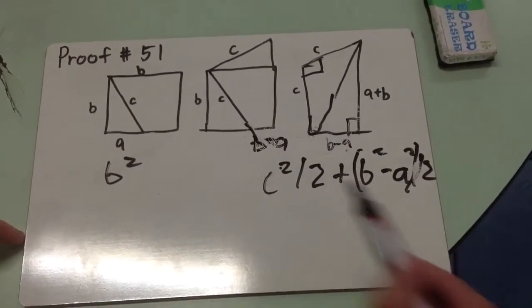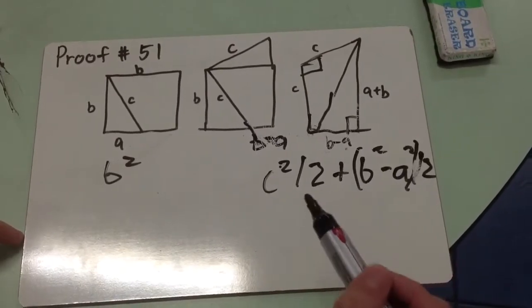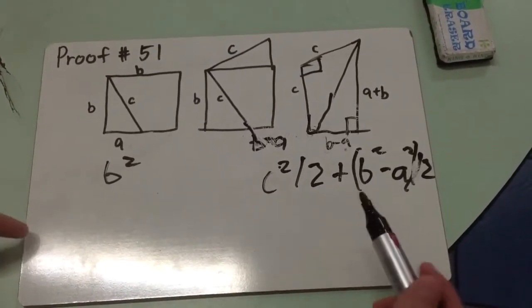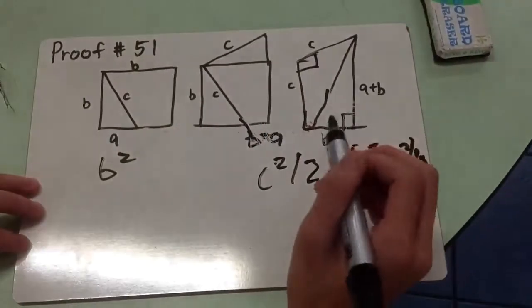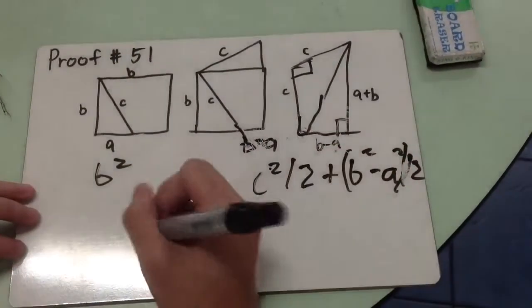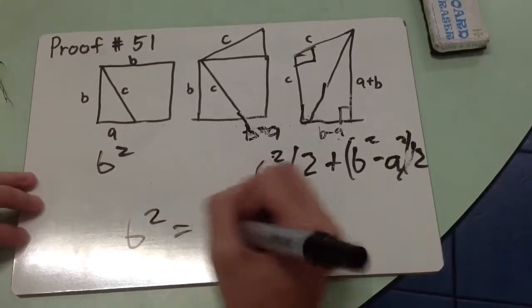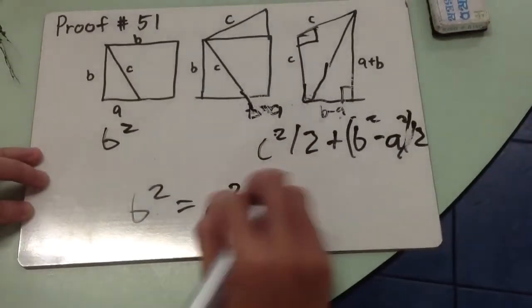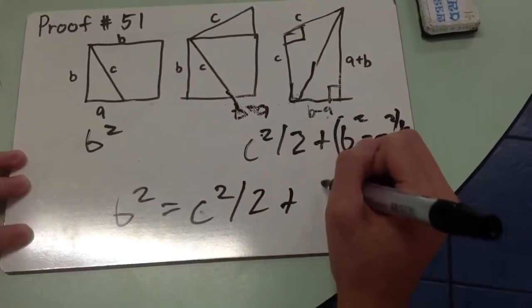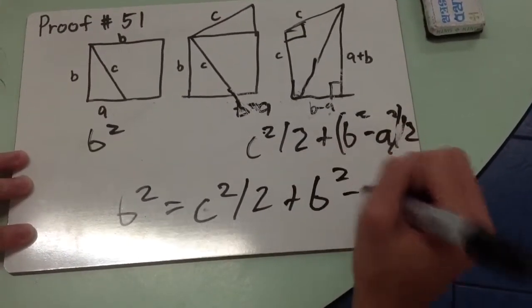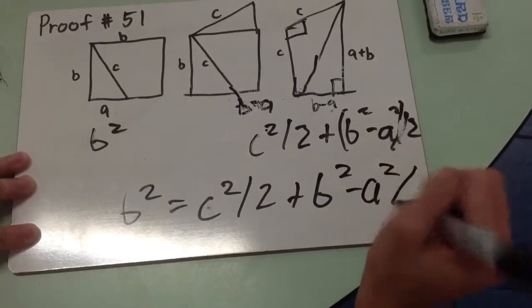So it is still the same figure, just molded into a different shape. So we can say that the area of these two are the same. So we can say b squared equals c squared over 2 plus b squared minus a squared over 2.